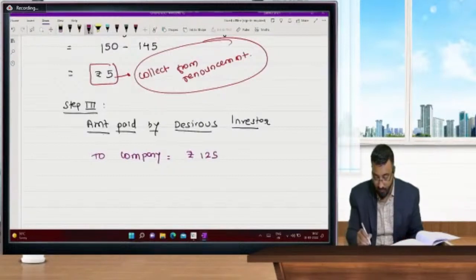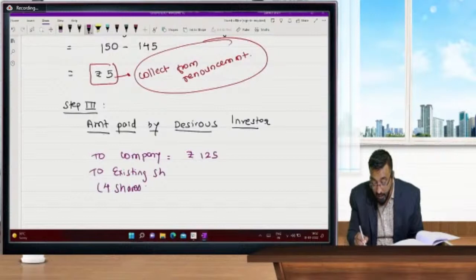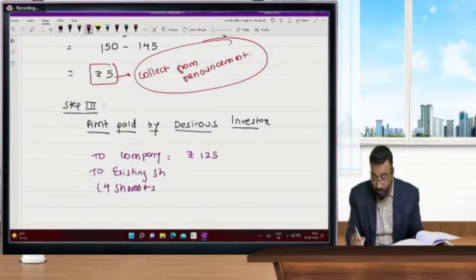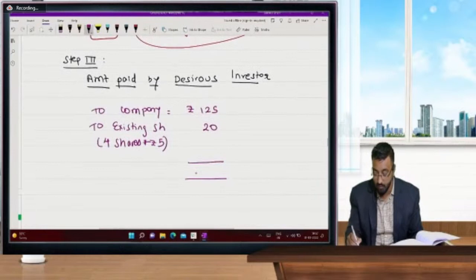Correct? And he will pay the existing shareholder, for 4 shares, because his existing shares are 4, into rupees 5, so 20 rupees. And this total is the X right price.